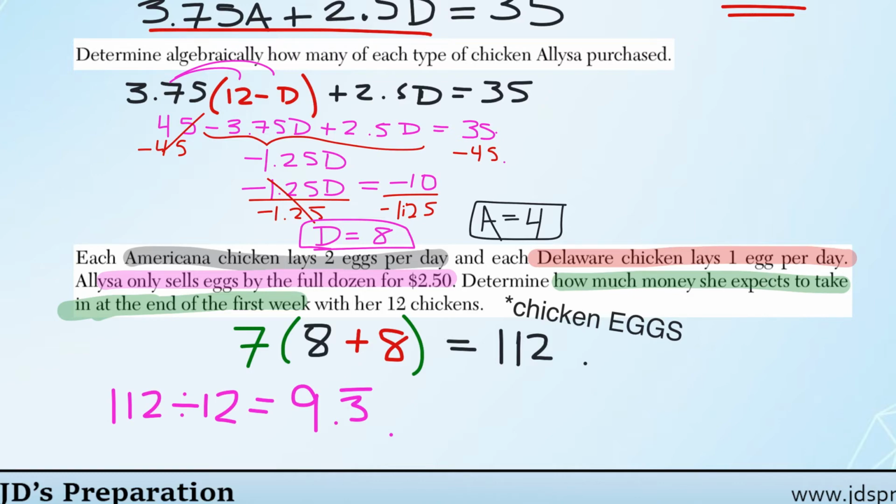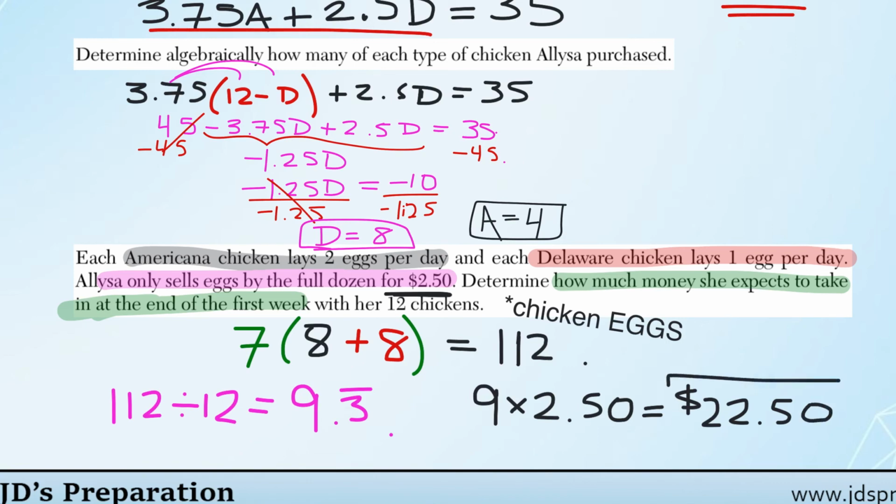So because of that, she can only sell 9 complete dozen sets of eggs, right? So because they sell for $2.50 each, we're going to take the 9 packages that she can sell, multiply it by the price of $2.50 to get a total value of $22.50 that she would earn.